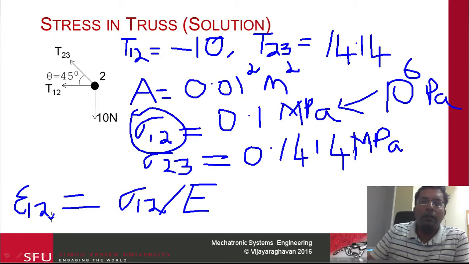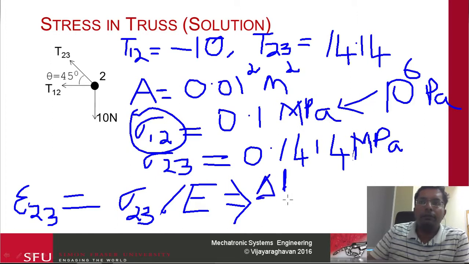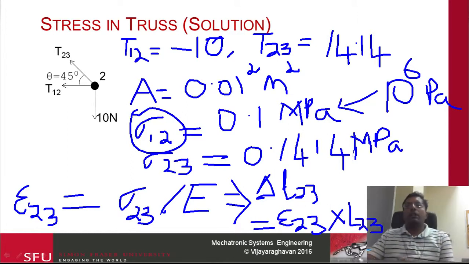So let's look at just sigma 2,3. If you assume it's steel, we take this value divided by 200 gigapascal to get the strain. To get the change in length, delta L, we need to multiply this epsilon 2,3 by the length, in this case L23.